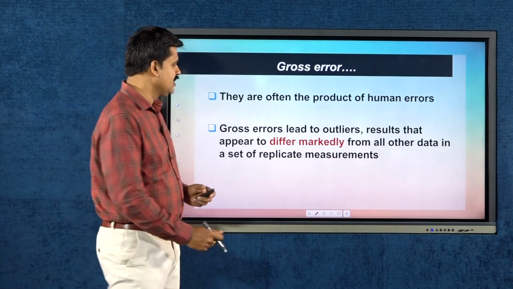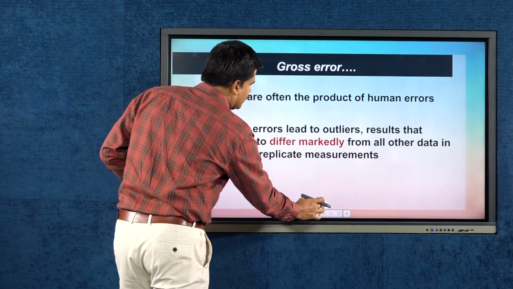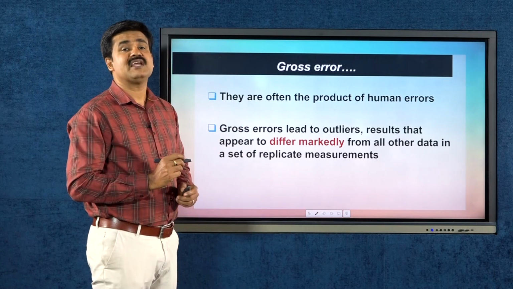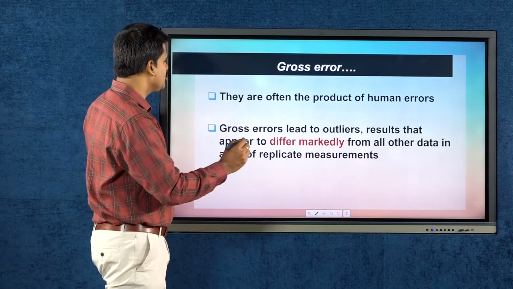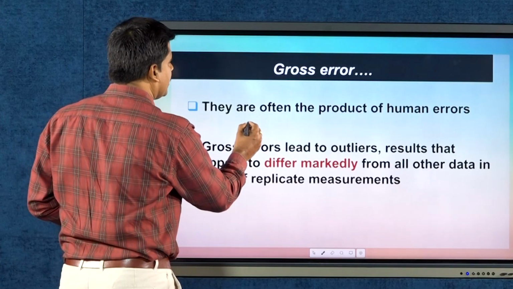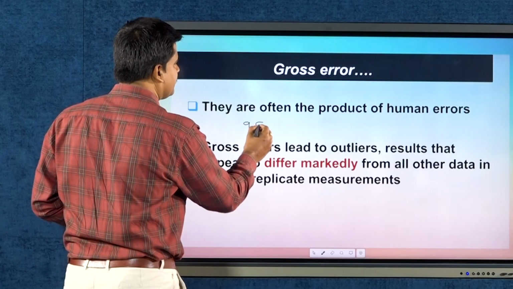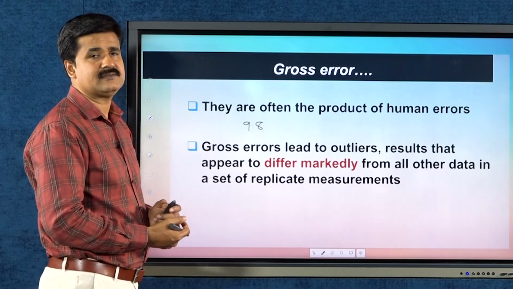Suppose we have an acceleration due to gravity measurement by simple pendulum experiment. You know, the true value of acceleration due to gravity is 9.8.